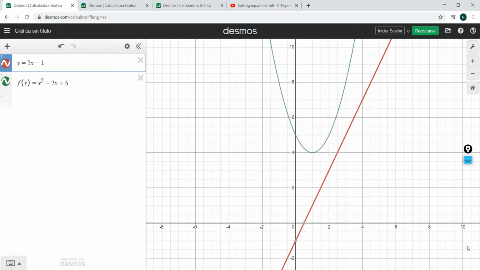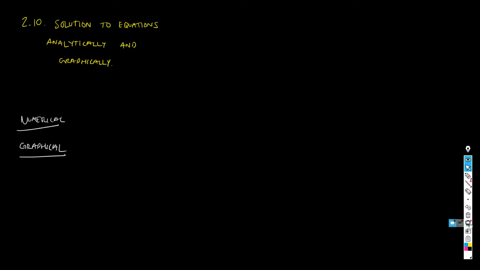But first, I'm gonna remind you about the zeros of a function, the zeros or the roots. Okay, let's do that very quickly. Suppose I give you the function f of x equals 3x minus 6. Let's keep it simple.